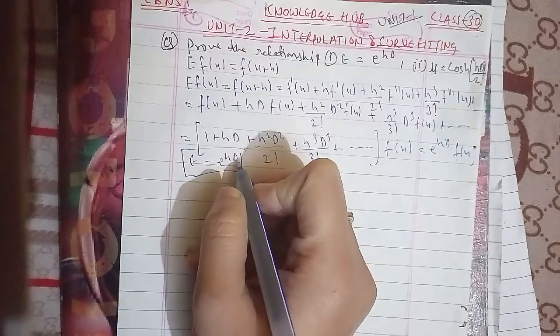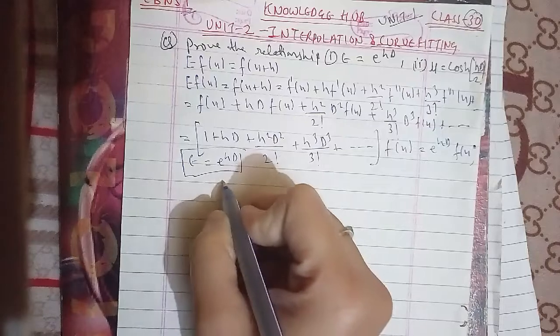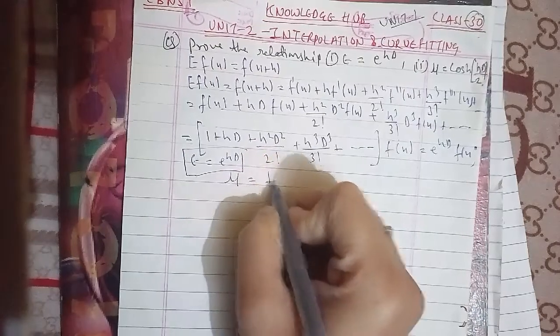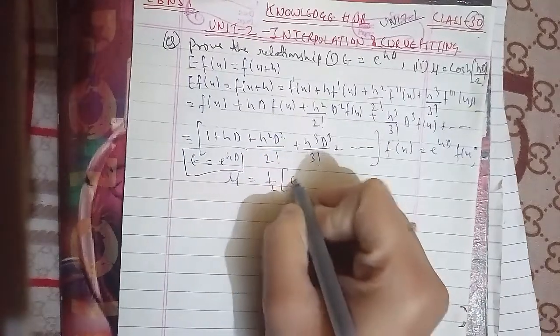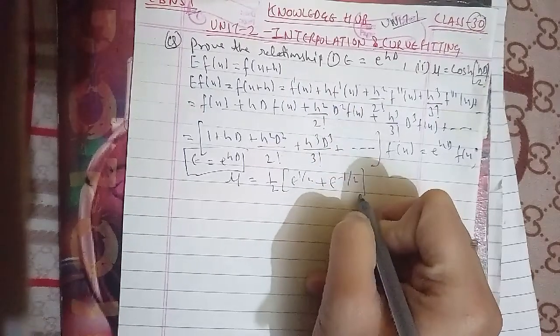And in the same way, from this equation we get the μ value, and for the μ value we have 1 upon 2 into E to the power 1 by 2 plus E to the power minus 1 by 2.